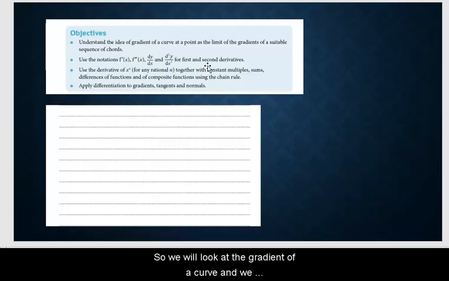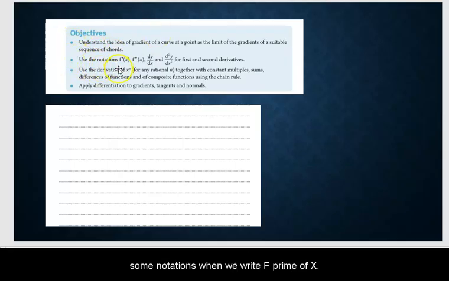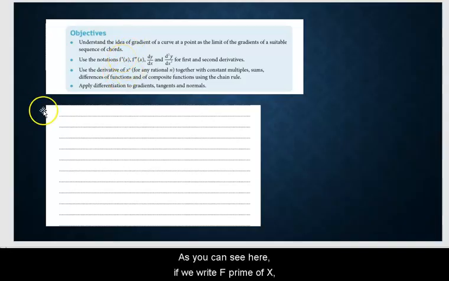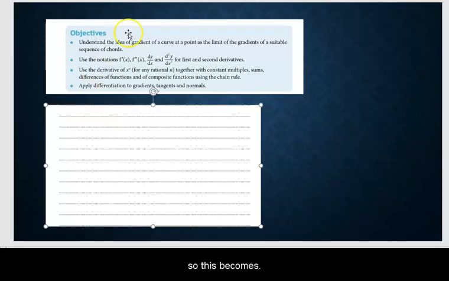So we will look at the gradient of a curve, and we will be able to find the gradient of those curves. And it is good for us to know that we are going to be using some notations when we write f prime of x.